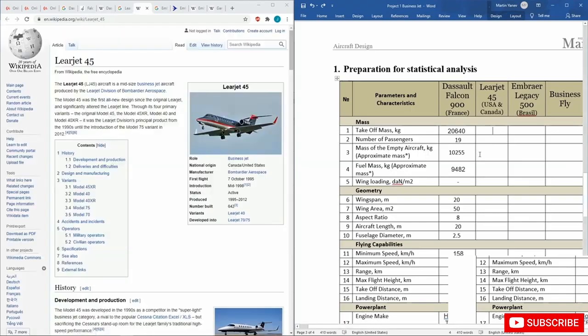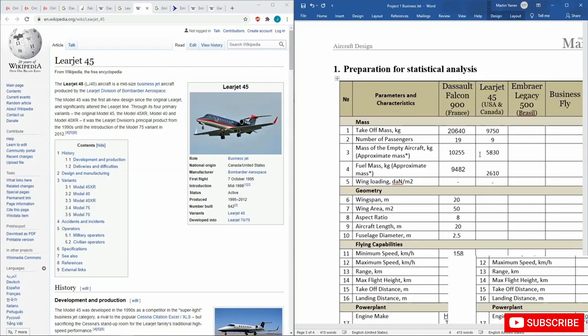So for Learjet, we have the takeoff mass 9750, number of passengers 9, empty aircraft mass 5830, 26110 was the mass of the fuel, and information for the wing loading we didn't have.